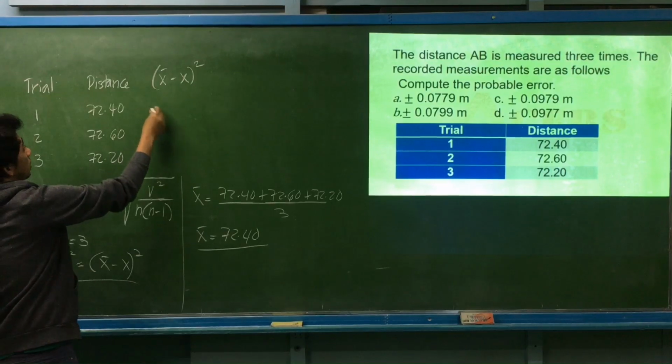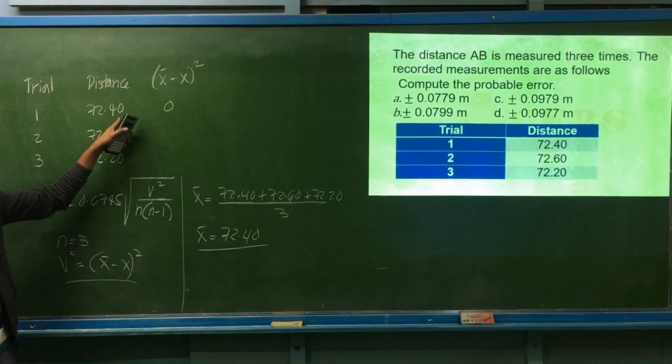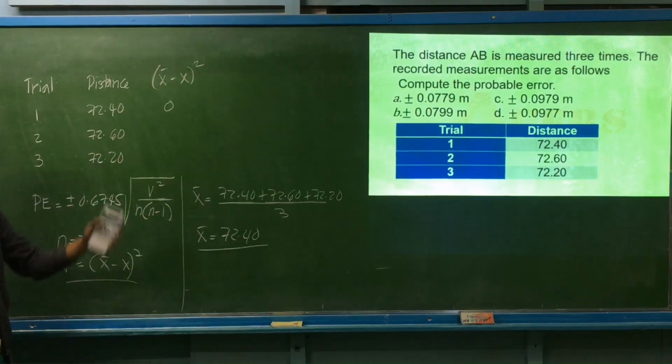So obviously, this will be 0. Tama? So that is 72.4 minus 72.4 squared. So 0 yun.